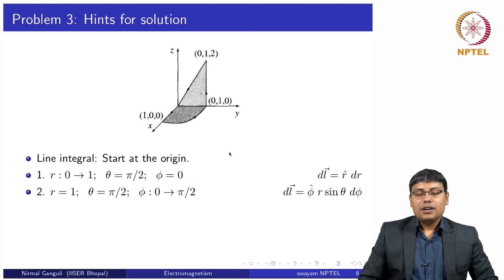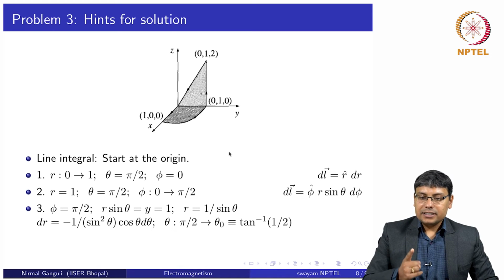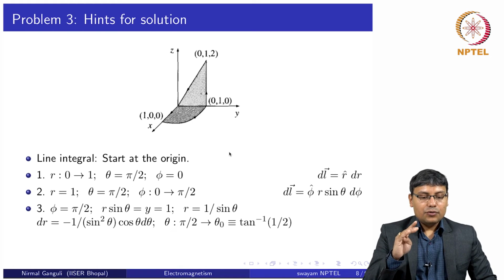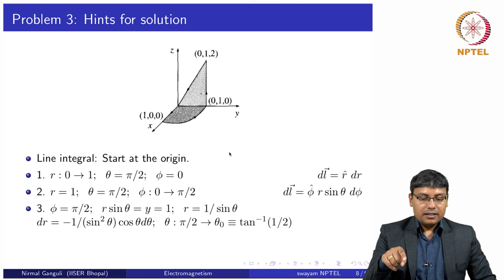And then on yz plane, the third line segment that is along the z direction, we can have theta fixed at pi by 2, and r sin theta will be y, that is 1. So r will be 1 over sin theta, and dr, that is something interesting, will be minus 1 over sin square theta cos theta d theta. Please find out how it becomes that.